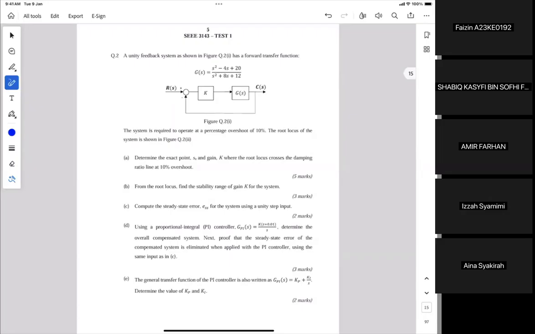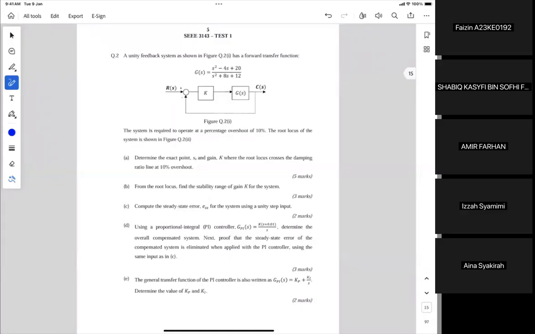A. Determine the exact point s and gain K where the root locus crosses the damping ratio line at 10% overshoot. B. From the root locus, find the stability range of gain K for the system. C. Compute the steady state error for the system using a unity step input.